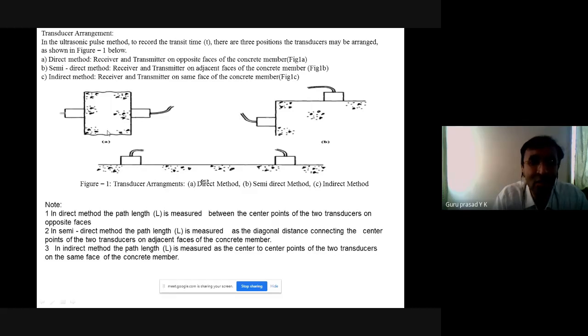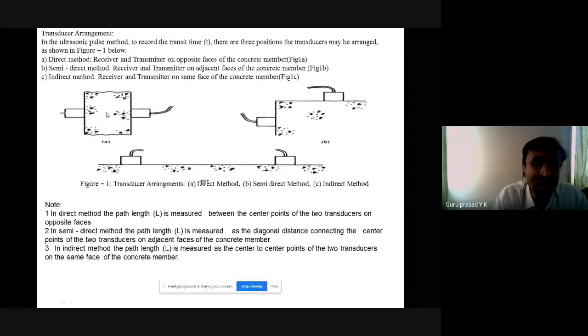Now, I would like to tell you the distance between the transmitter and the receiver. In the case of direct probing, the distance between the transmitter and the receiver is called the path length, capital L. Please keep that in mind.